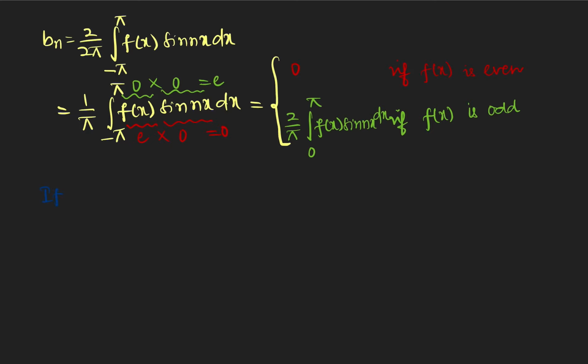If f of x is an even function, the values of a naught and an are not equal to 0, and we can directly take the value of bn as 0.